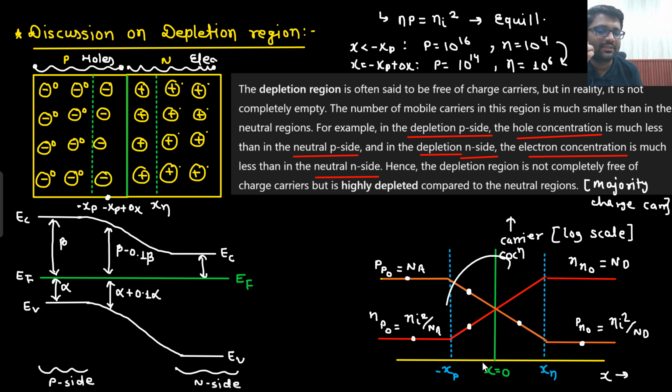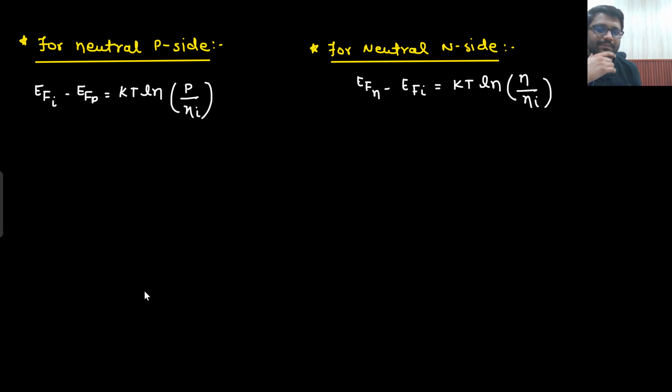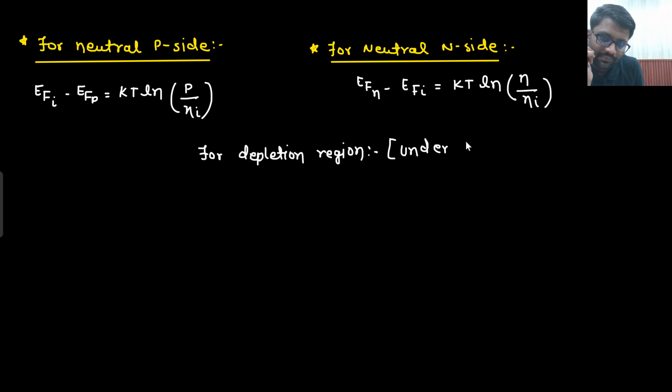The main problem comes here. Here you are worried, right? For the depletion region, under equilibrium, what will happen? Sir, EFn would become equal to EFp.